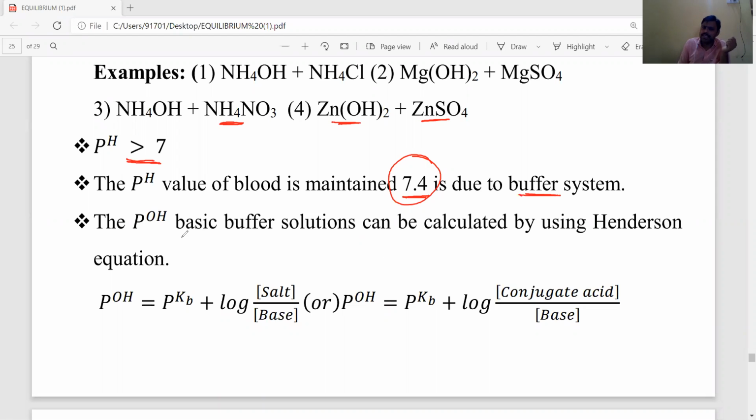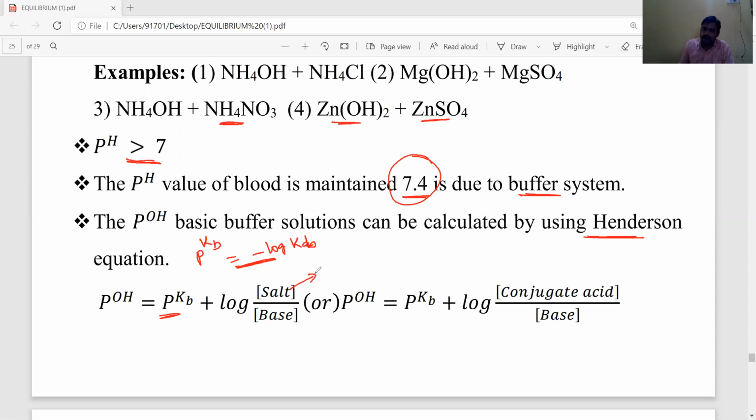Now the pOH of basic buffer solutions can be calculated by using the Henderson equation. The pOH equals pKb plus log concentration of salt by base.